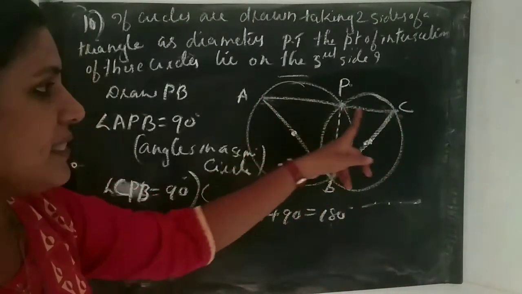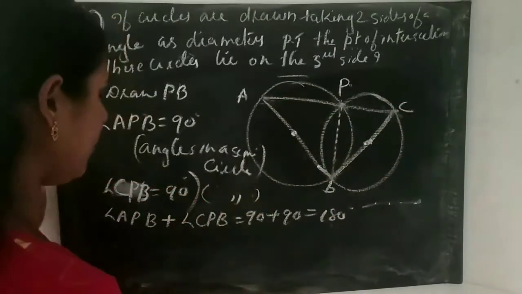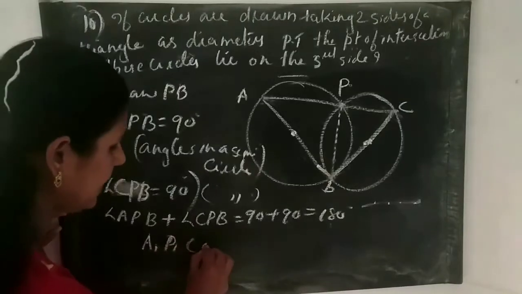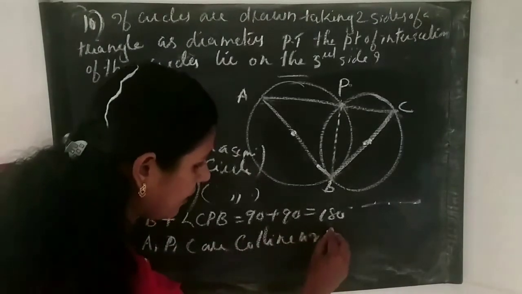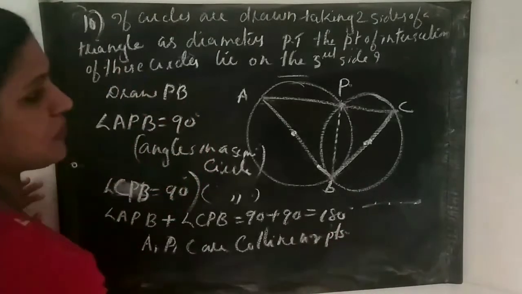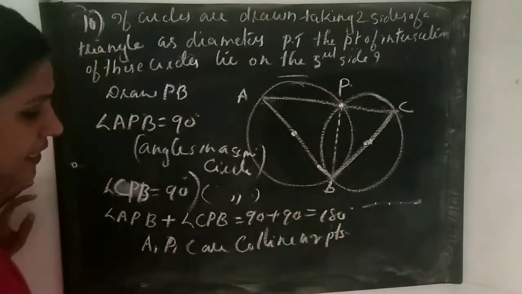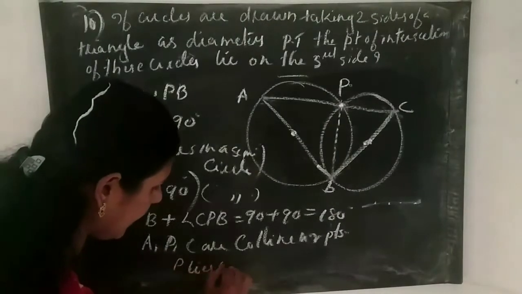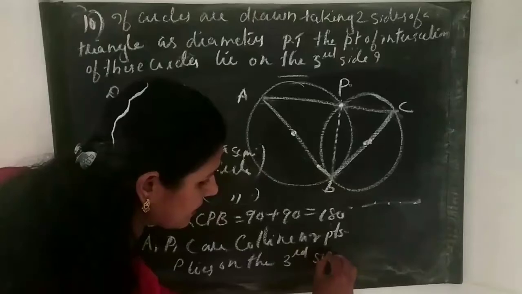So we get A, P, C is a line. So A, P, C are collinear points. That's why P lies on the third side.